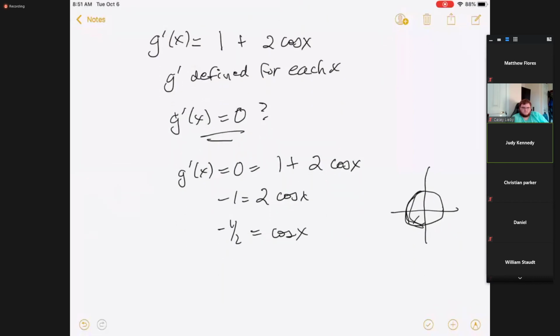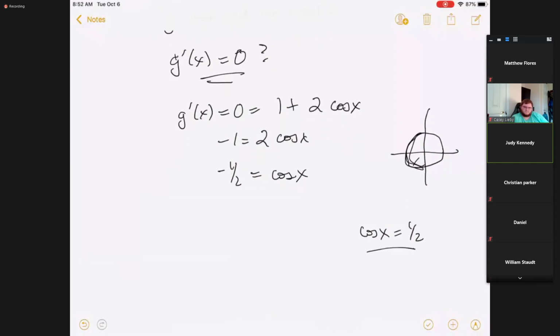Where's the cosine of x equal to 1/2? Anybody remember their special angles, which you should know? Where's the cosine of x equal to 1/2? Let's see, we got 2 pi over 3.